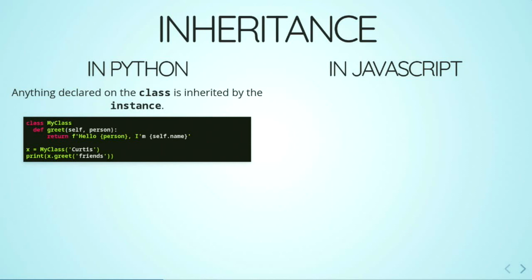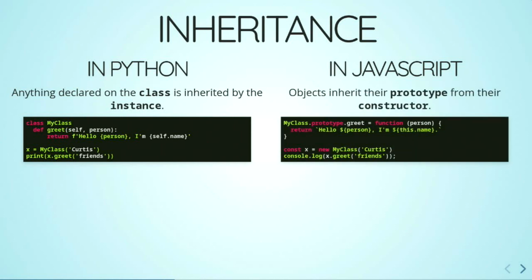In JavaScript, objects inherit via the prototype of their constructor. So my class instance on the left has inherited the greet function from its class. On the right, the JavaScript function is inheriting the greet function from the prototype of the function. We've actually added it that way. And so when it's constructed, the object inherits the prototype of the function that constructed it.